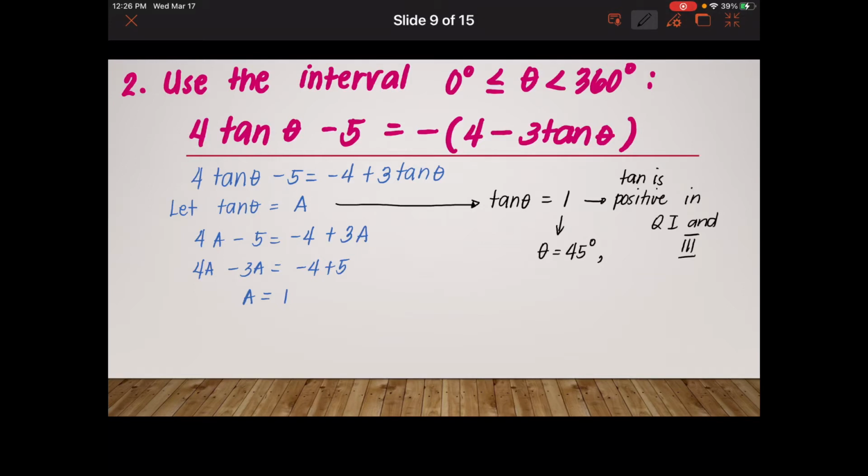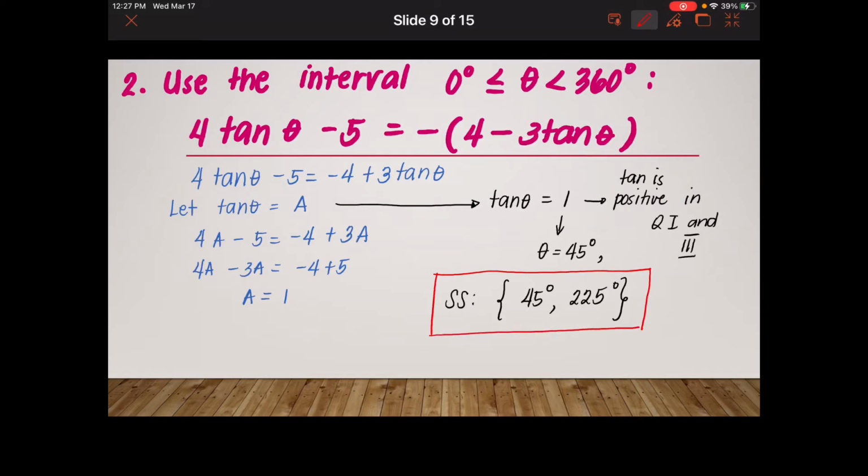So we get the value of our 45 degree angle in quadrants 1 and 3. That would be 45 degrees and 225 degrees. So this will be our solution set. You may check your answer by substituting them in the given equation. So this is example number 2.